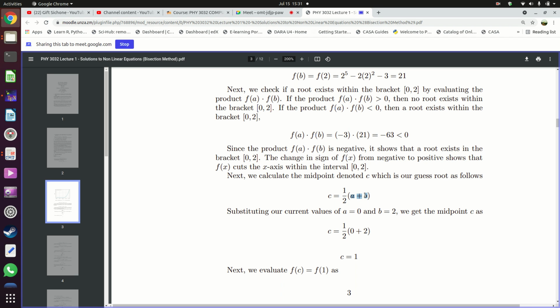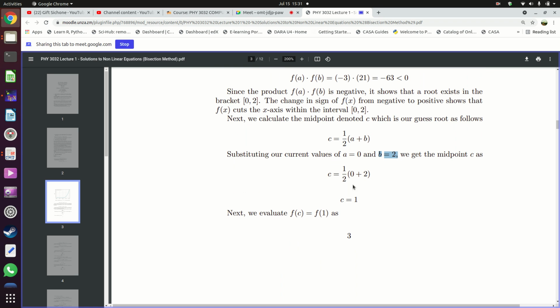We add a plus b, then multiply by half. In our case, a is 0 and b is 2. So C is going to be equal to half of 0 plus 2, that's 2, and 2 multiplied by half gives you 1. Are we clear?